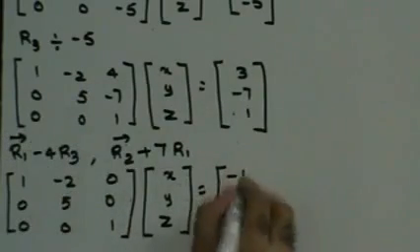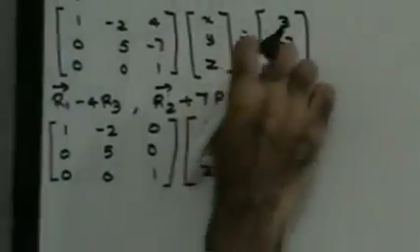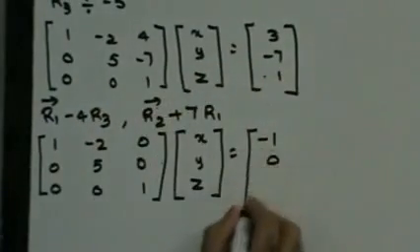Now 3 minus 4, minus 1, and minus 7 plus 7, 0, and this is going to be 1. Now I need to make this number 1, so I'll divide R2 by 5. If I divide R2 by 5, I'll get 1, 0, 1 minus 2, 0, 0, 1, 0, 0, 0, 1, times x, y, z.